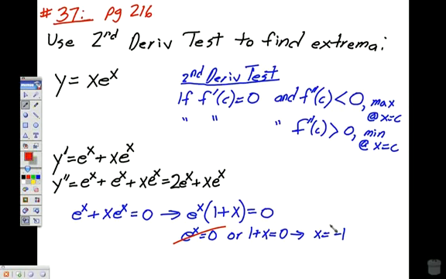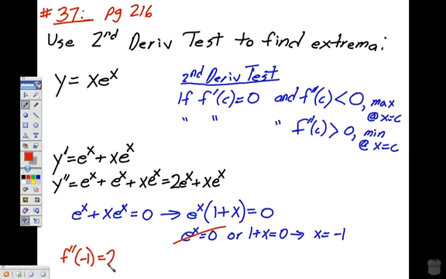So we're going to take that value, that's c, f prime of c equals 0, f prime of -1 equals 0. So now we check out what f double prime of that x value, f double prime of c, is. So we're going to say, what is f double prime of -1? We're interested in whether it's a positive or negative number.